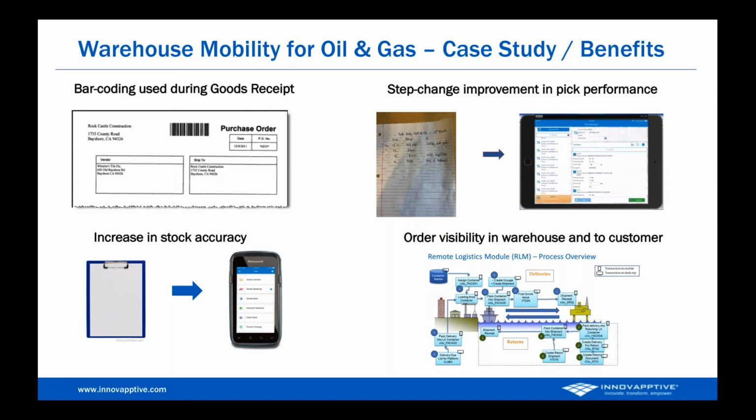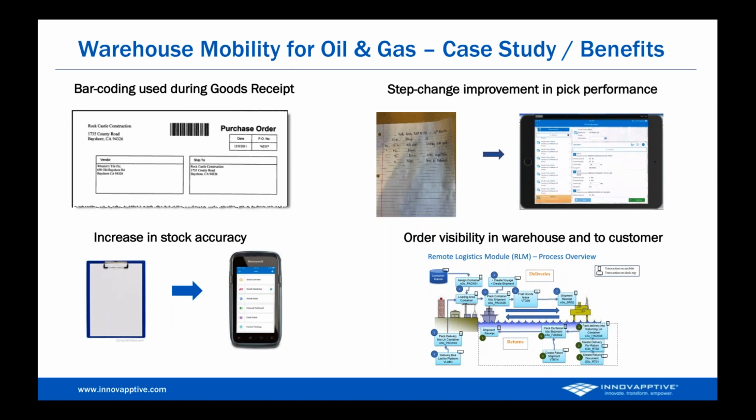Then in terms of stock accuracy, we introduced cycle counting as part of the project. There was cycle counting going on before we started the project, but it was all paper based. The count sheet would be printed off the system. The warehouseman would then go round writing the information onto the count sheet. It would then go back into the office. Someone would have to try and read someone else's handwriting, which is sometimes difficult.